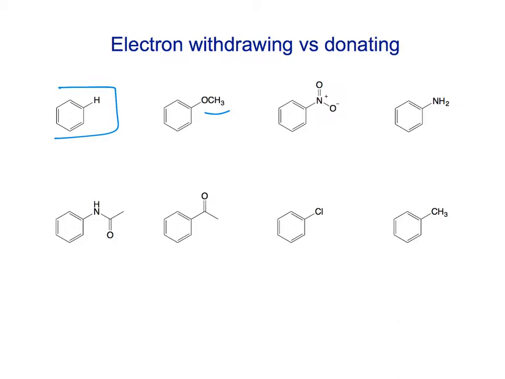Okay, so oxygen is more electronegative than carbon, so it will be pulling electron density out like this. So electron withdrawing, and what kind of process is this, I guess? Is this electron withdrawing through resonance or inductive effect?